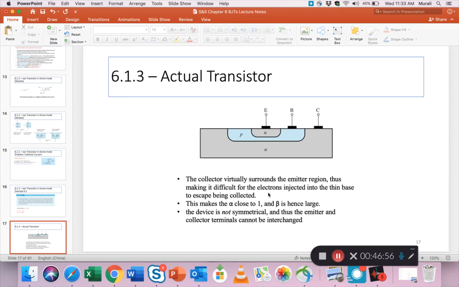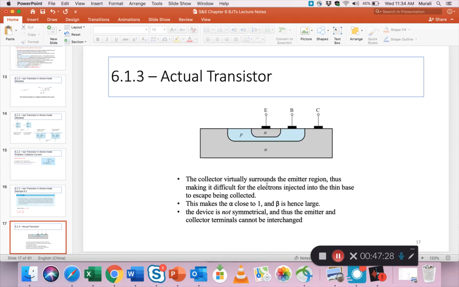So we are on slide 17. Finally moved ahead to 6.1.3, where we talk about an actual transistor, and this shows you what it actually looks like. You'll see that the N region of the collector is much bigger. The emitter is small, the base is much wider. So they're not all equal to each other, although they seem to be in the previous drawing.